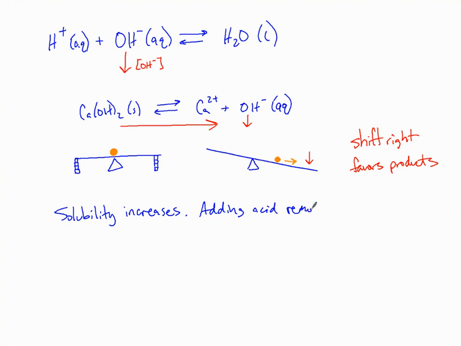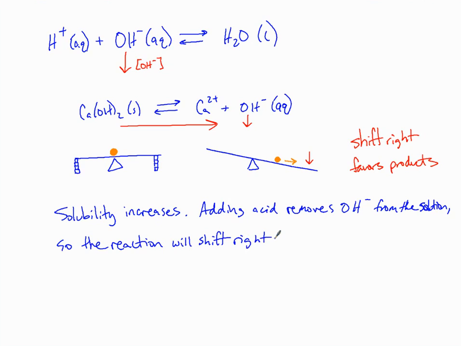Adding acid removes hydroxide from solution, so the reaction will shift right. So this is what happens.